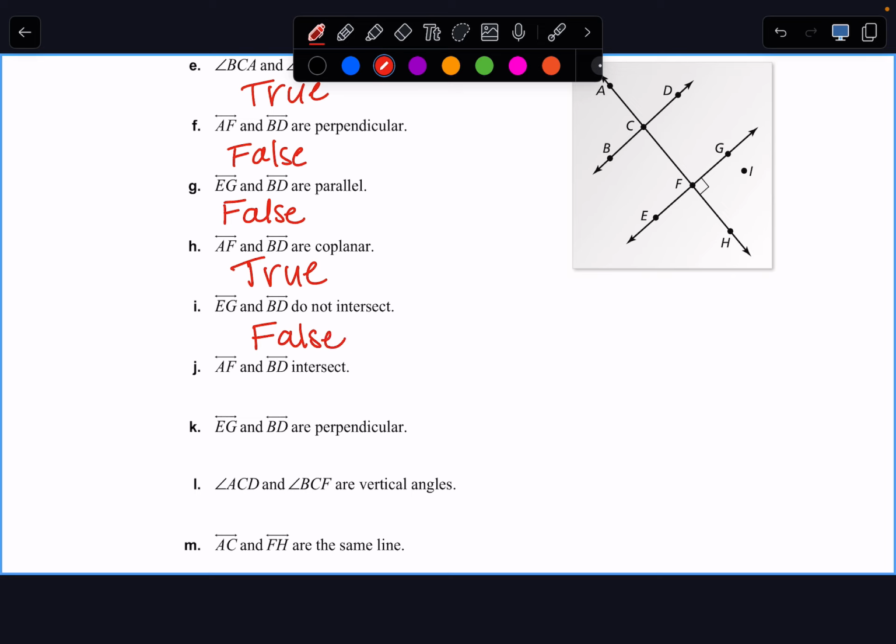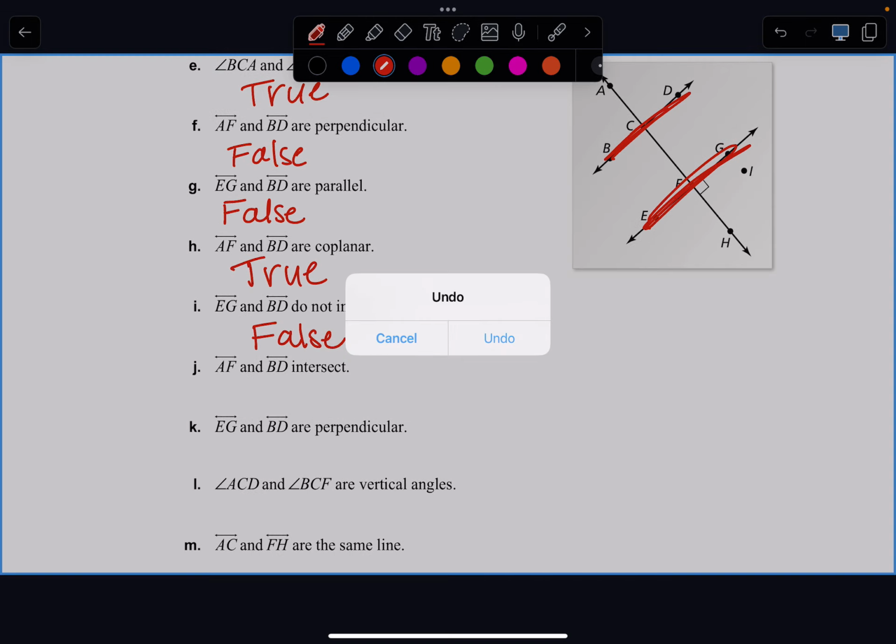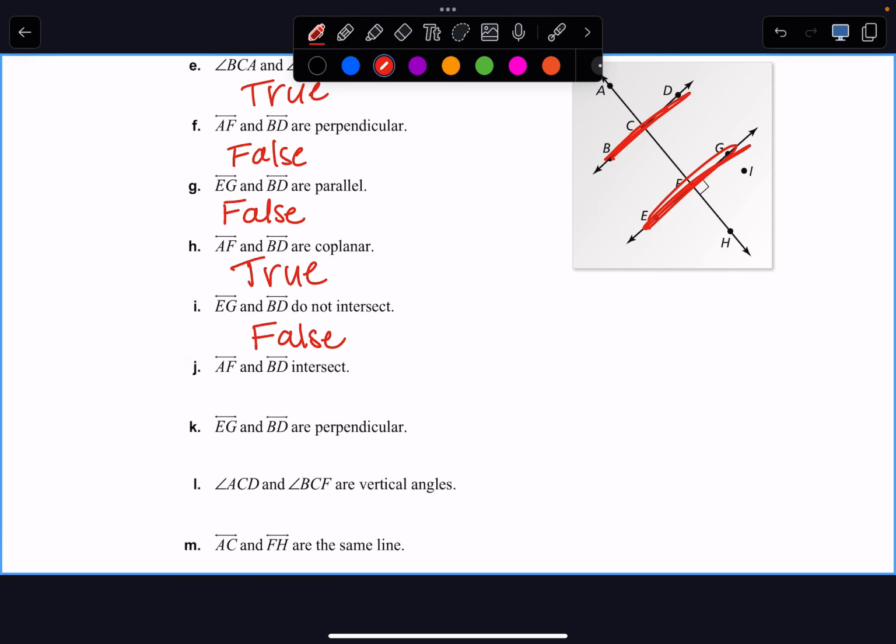Okay, so if we don't know if they are parallel, then we assume that they're going to intersect. We know parallel lines will not intersect. So if they're not marked parallel, we have to assume, because non-parallel lines we know intersect, that at some point they're going to intersect, we just can't see it. Does that make sense? Okay.